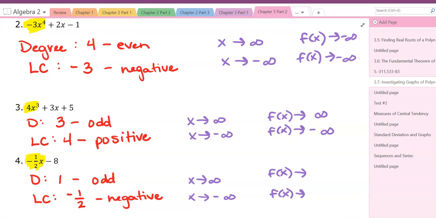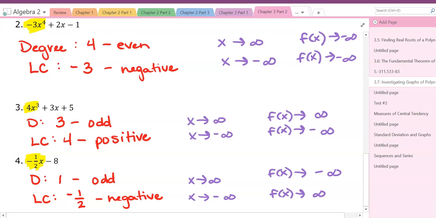All right, so for this one, as x goes to positive infinity, where's your y going? To negative infinity. So because it's odd, they have to go in opposite directions. So since this one went to negative, the other one has to go to positive infinity.